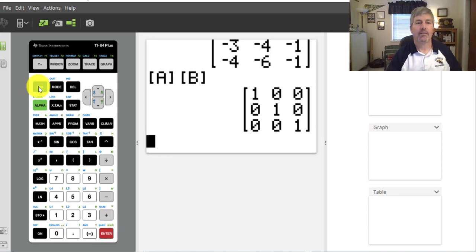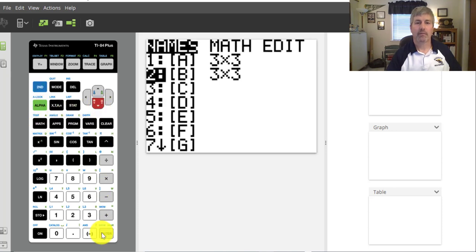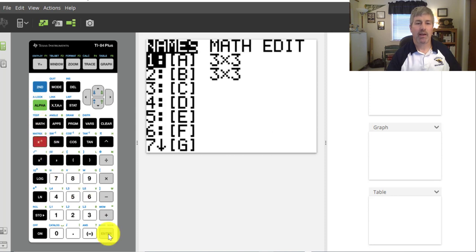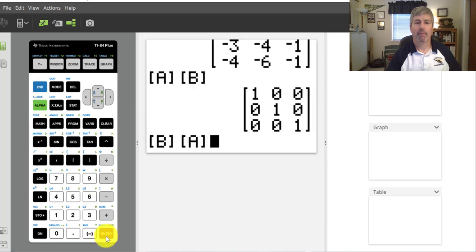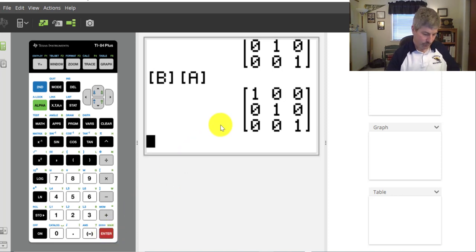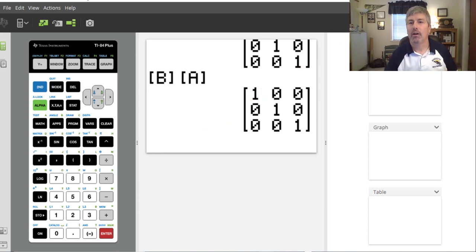Now it's asking us to multiply B times A. Select matrix B, select matrix A, multiply them together, and again, we get the identity. So a little bit of playing around with our calculator with matrices.